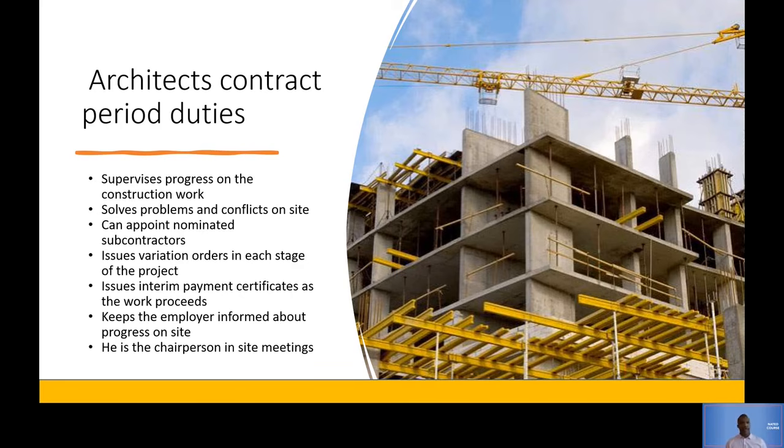Okay, and lastly, during the contract stage, which is the construction stage, the architect is the chairperson in site meetings. Now, the architect will hold site meetings with the contractors just to iron out issues, find out progress, and all of those other duties that we've mentioned before. Okay, so now all of these are the duties of the architect during construction.